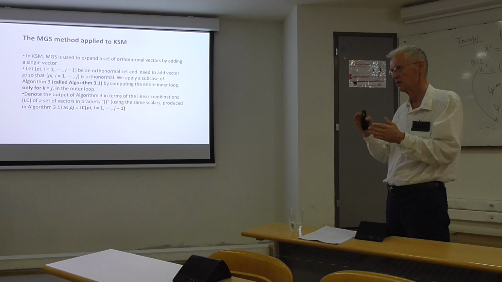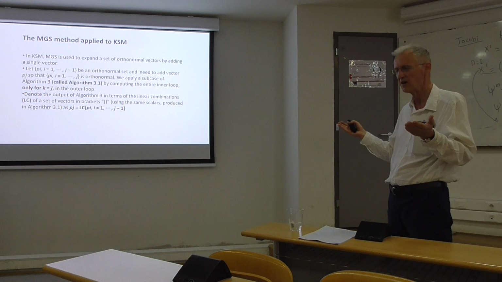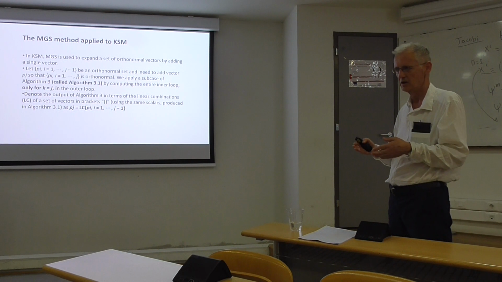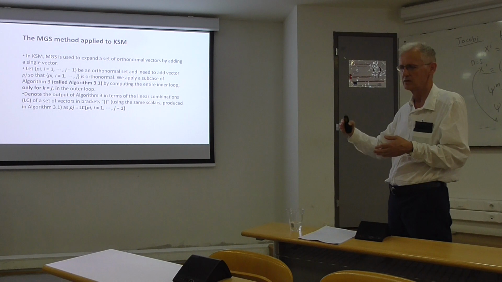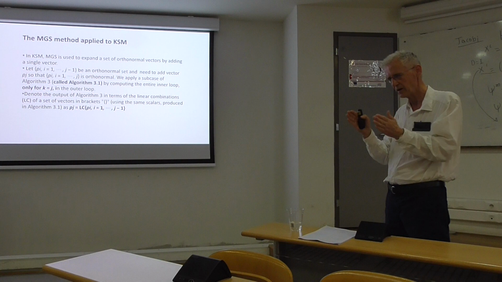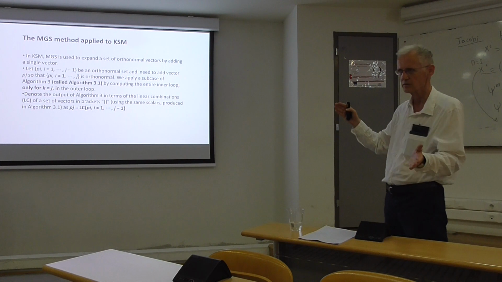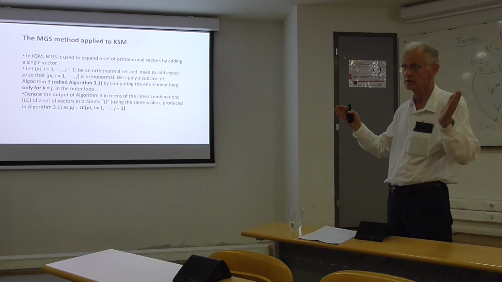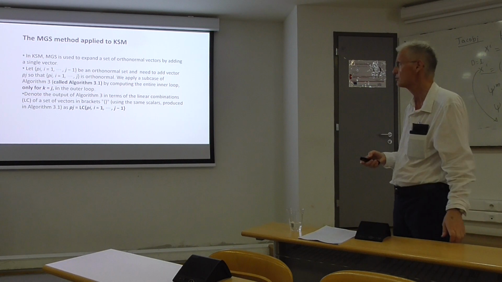Initially it builds up to J vectors. J could be 5, for example. It builds from 1, 2, 3, 4, 5, and then it's a window of 5 vectors that moves along, drops the first one, the oldest one, and adds the newest one.